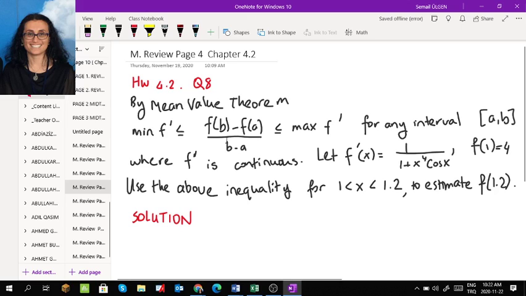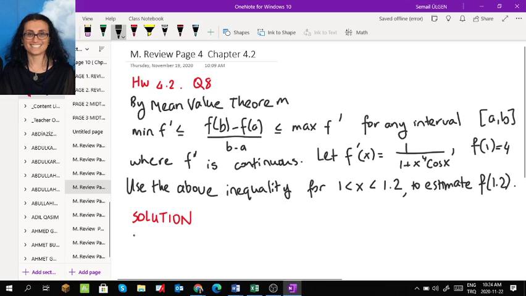Alright, so first of all it says you can use this inequality when f prime is continuous. We want to make sure that this f prime is continuous, right?